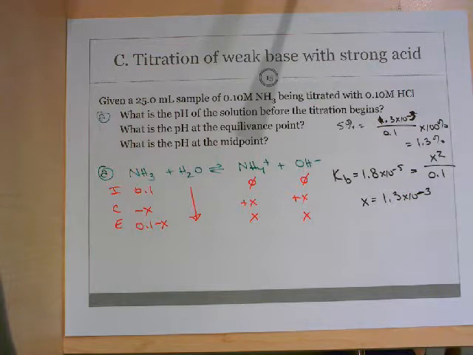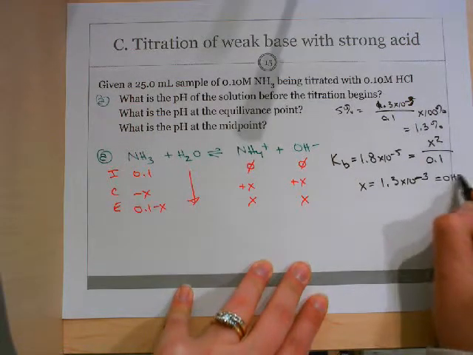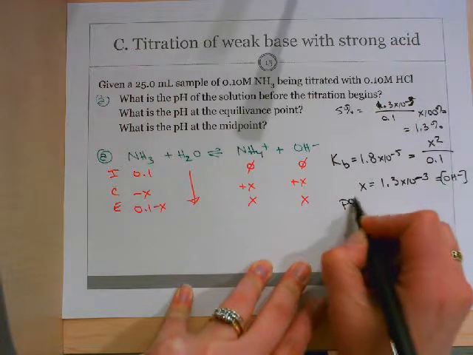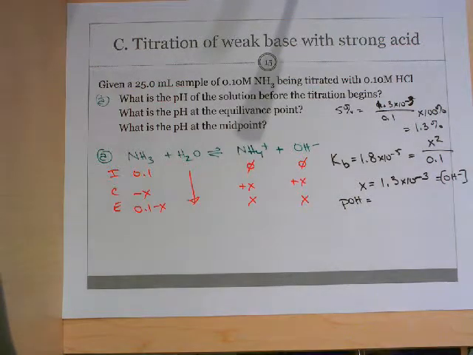Alright, so now, can I find pH right this second? Sort of. Indirectly, I can figure it out, right? So this is OH minus. I like to find the pOH and then subtract from 14. To me, that makes more sense.